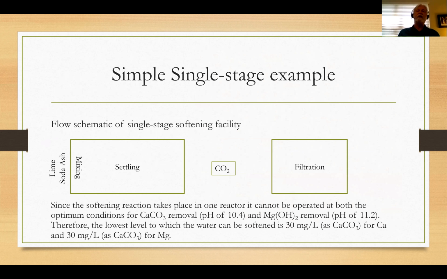So this is a single stage softening using lime and soda ash. And the single stage example, and a lot of plants are like this, you've got 1 rapid mix, 1 flock tank maybe, and a settling basin. And that's what we show there, mixing and settling. And then you recarbonate after you've added the lime and soda ash to the first stage.